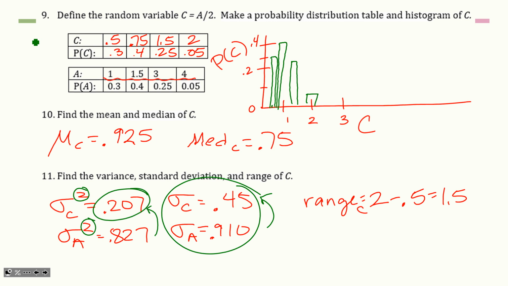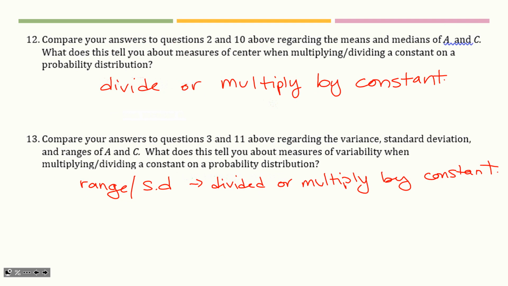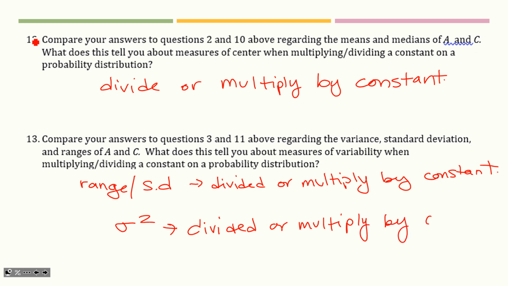So in other words, you can divide or multiply the standard deviation, but the variance gets divided or multiplied by the constant squared. Okay.